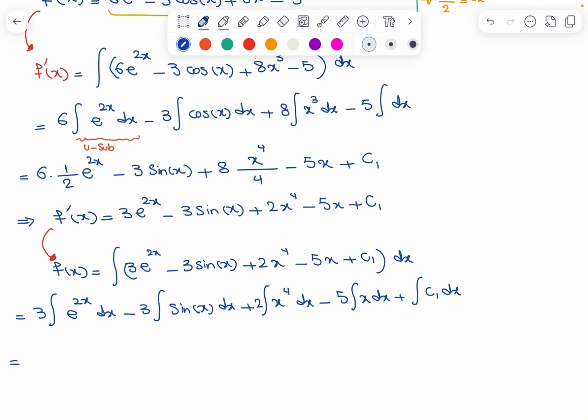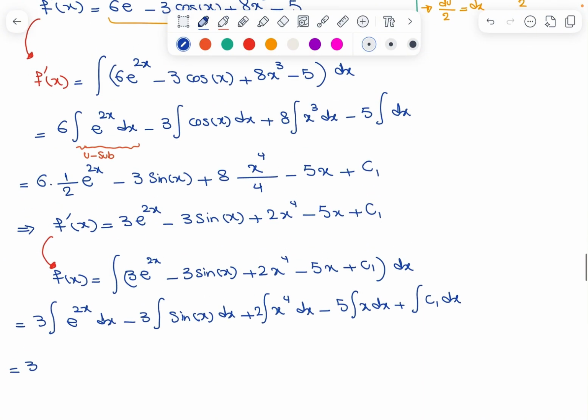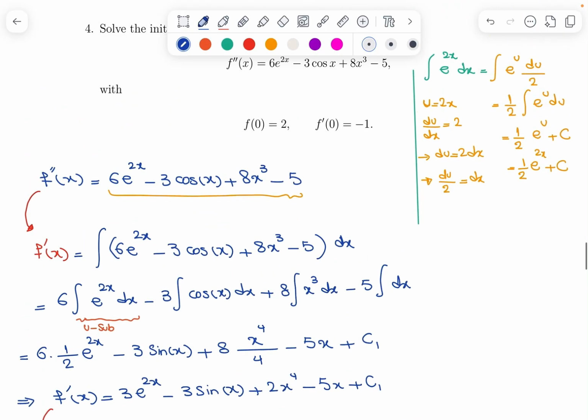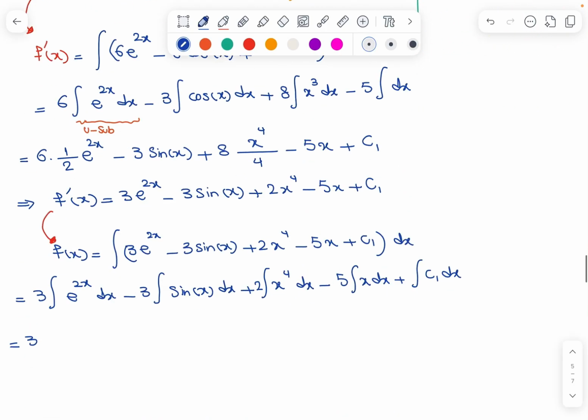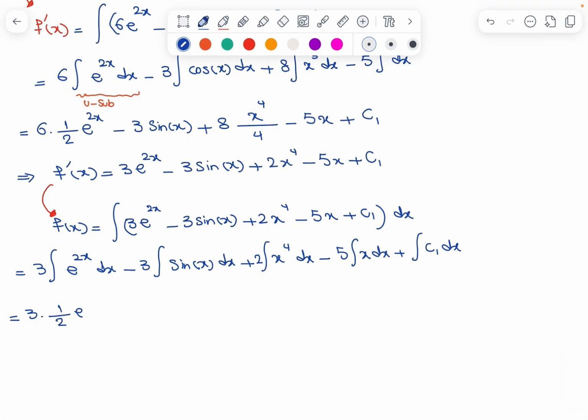Which is equal to 3 times the integral of e to 2x, which we already found would be 1/2 e to 2x, minus 3 times the antiderivative of sine, which would be negative cosine. You have a negative sign here, so it would be positive 3 cosine of x. Plus 2 times the antiderivative of x to the fourth, which would be x to the 5 divided by 5.